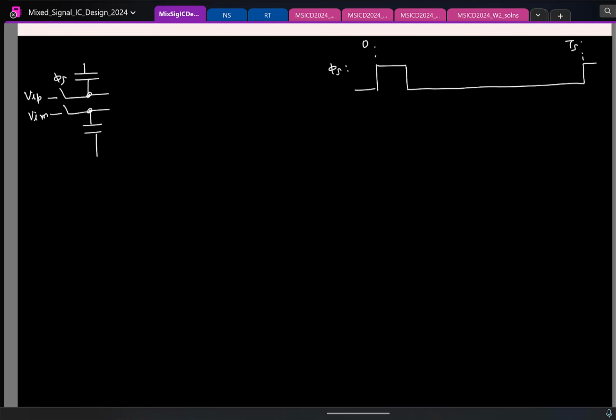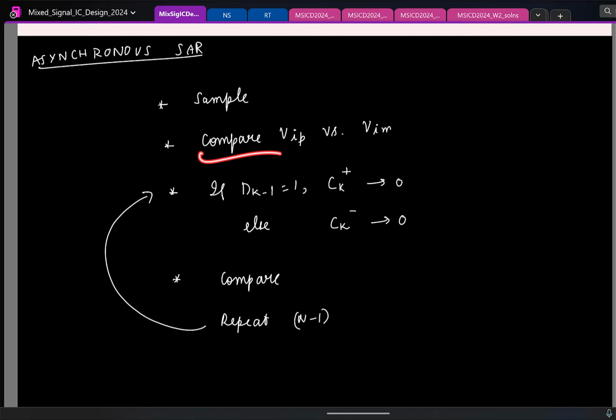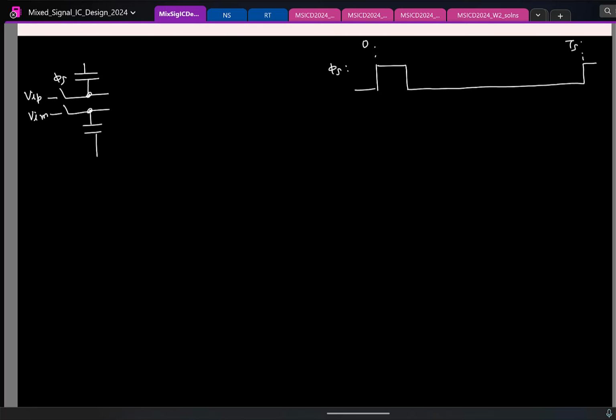So after sampling, I have to compare the inputs. So I need to connect this to the comparator. So let's say I connect it. This is, let's say, the positive and minus output of the comparator.